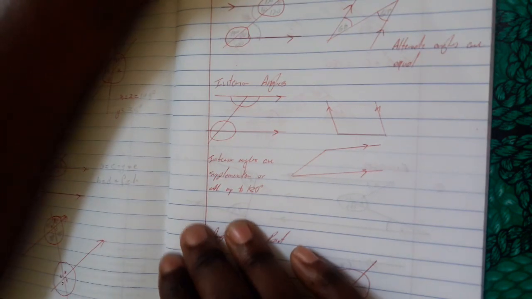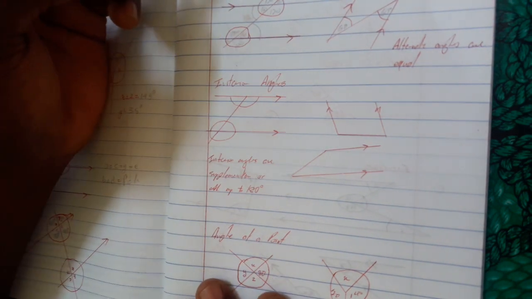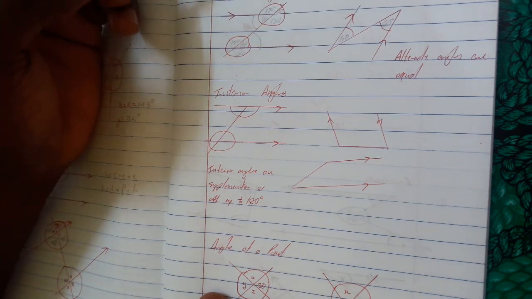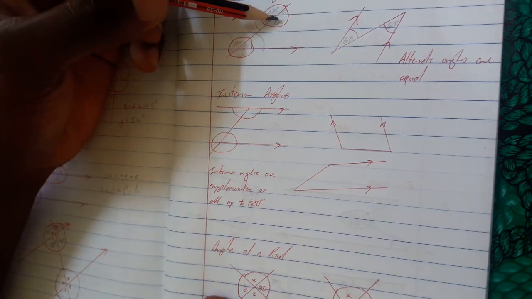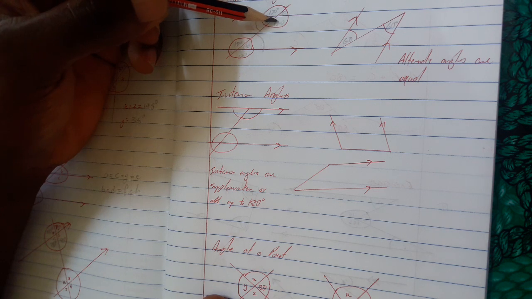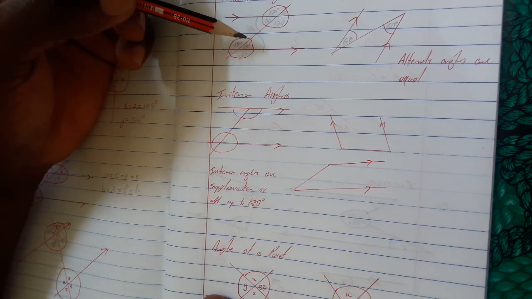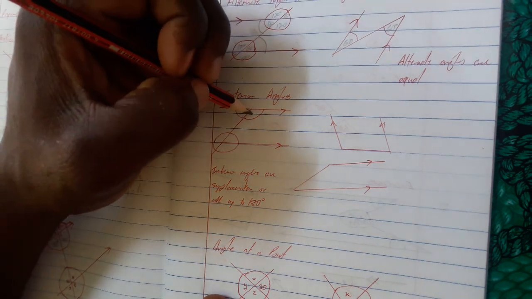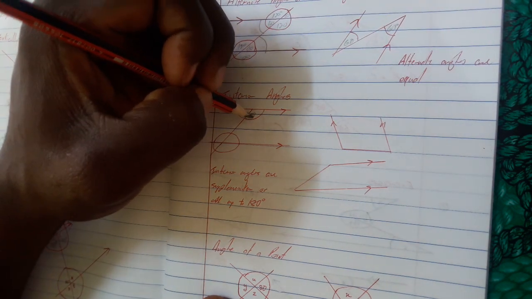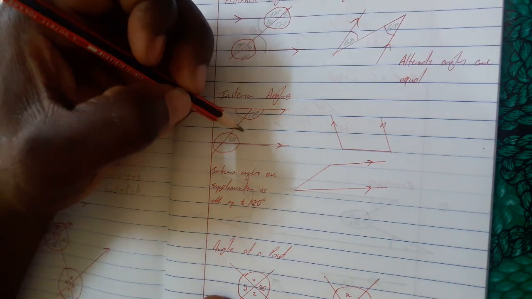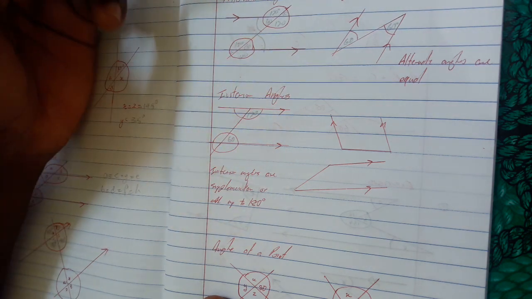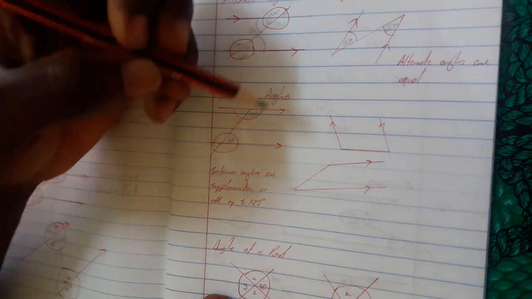Then we have the interior angle. Again, if you look at my example at the top here, you'll see the angles inside, the 120 and the 60, will add up to 180. So we say interior angles, the angle here 120, here 60. Interior angles are supplementary, which means they add up to 180 degrees.